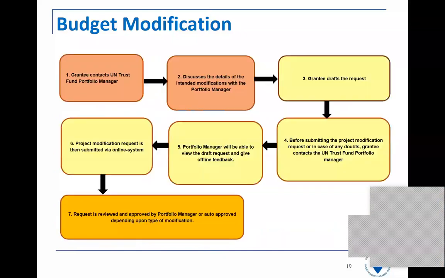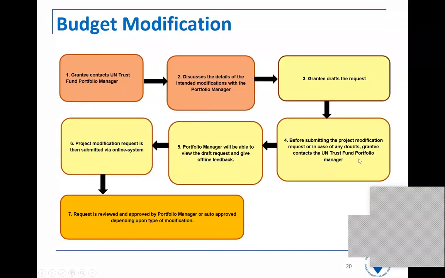So if you do want to make a budget modification that's above 20% of an activity line, here is the workflow process. It always starts with contacting your portfolio manager, sending them an email, and discussing the details of the needed modification. Then you will be asked to write a formal request, and I sent you the template for that in the email yesterday.